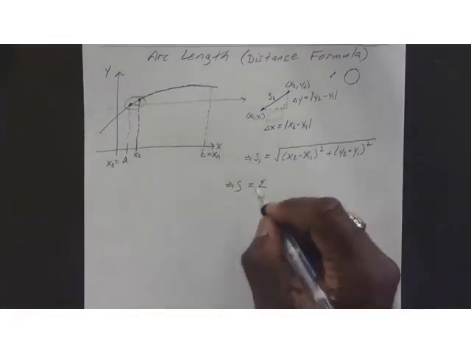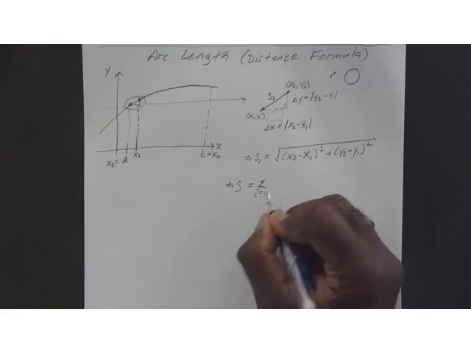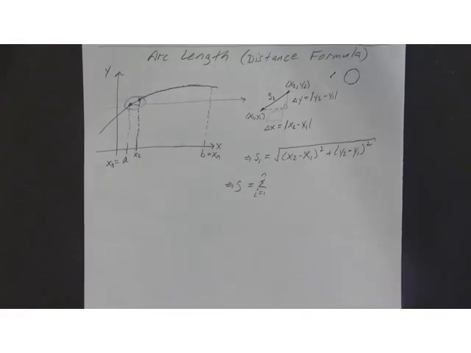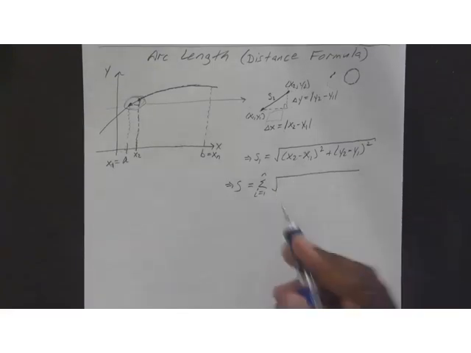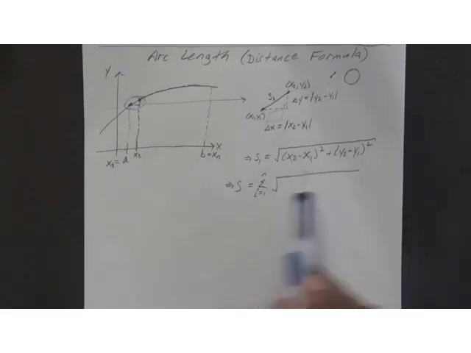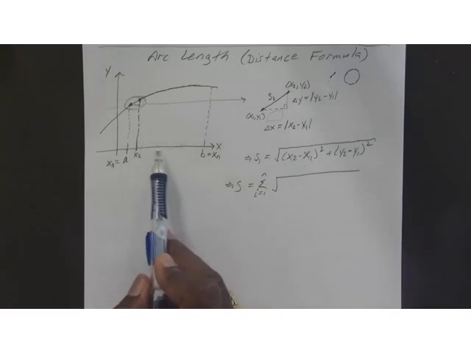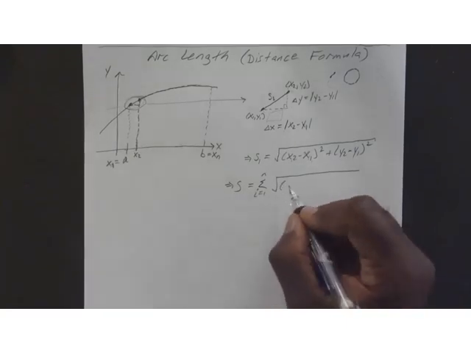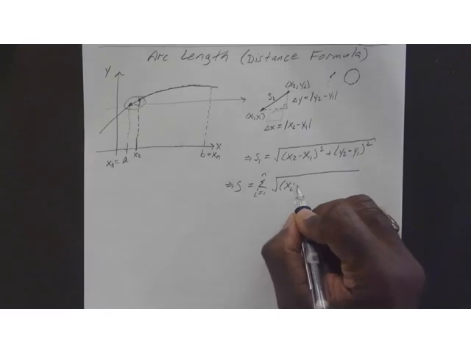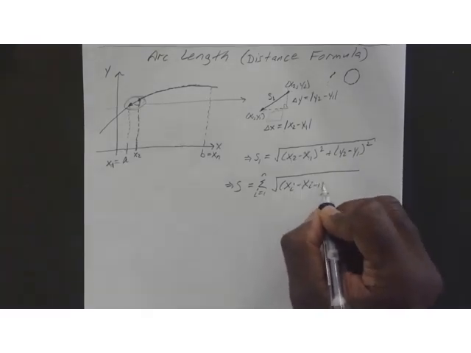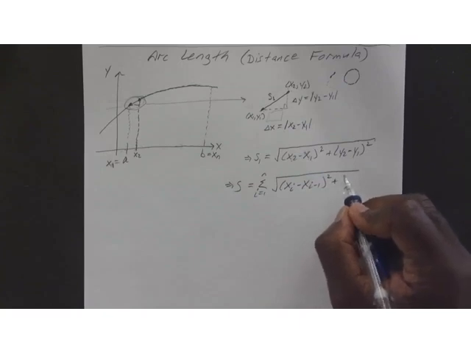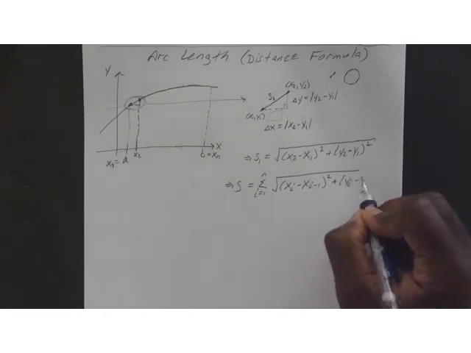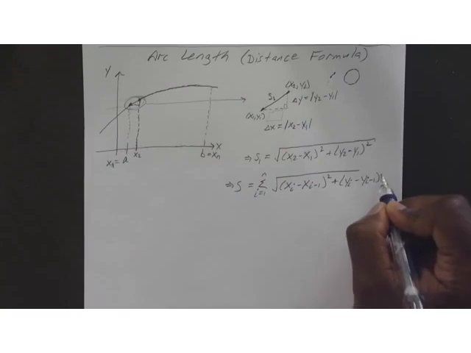So that's the sum from I equals 1 to n of the square root. So now we're not just talking about x2 minus x1, it's x3 minus x2, x4 minus x3. So we're just going to call that x of I minus x of I minus 1 squared. Plus y sub I minus y sub I minus 1 squared.